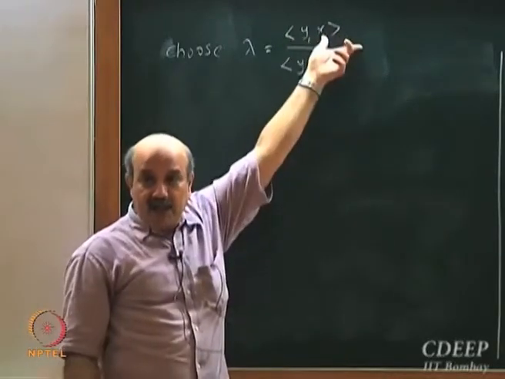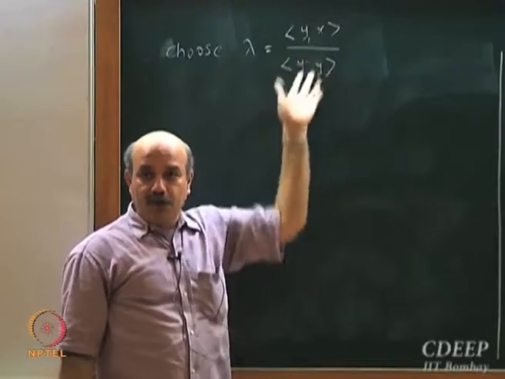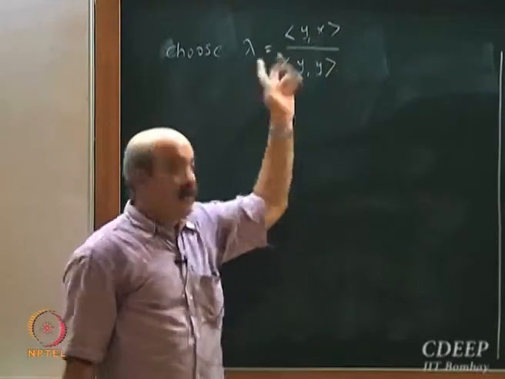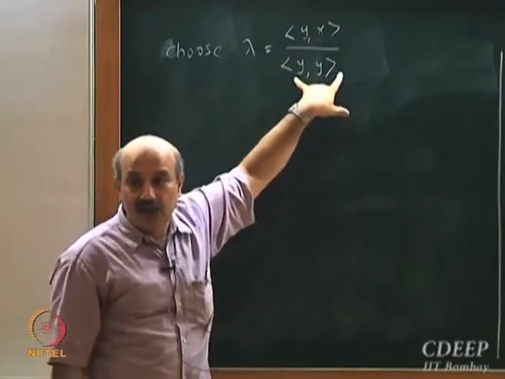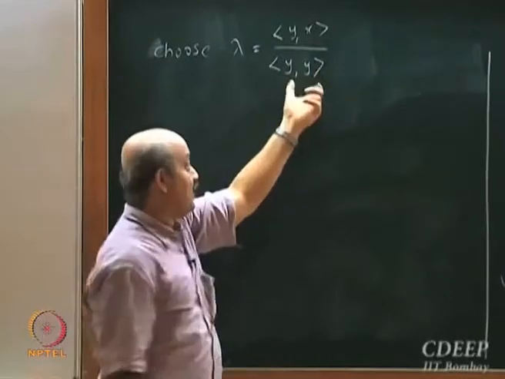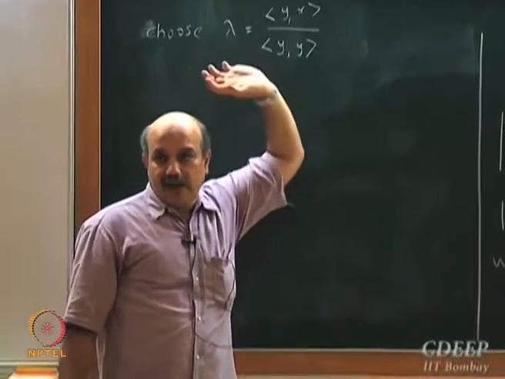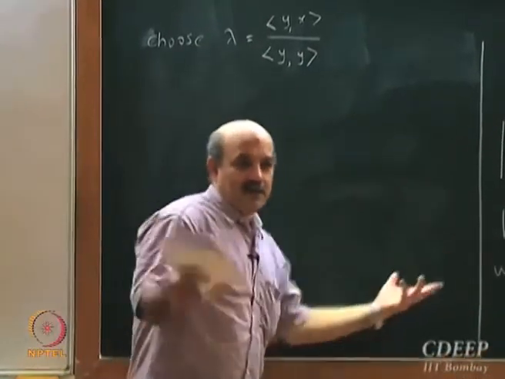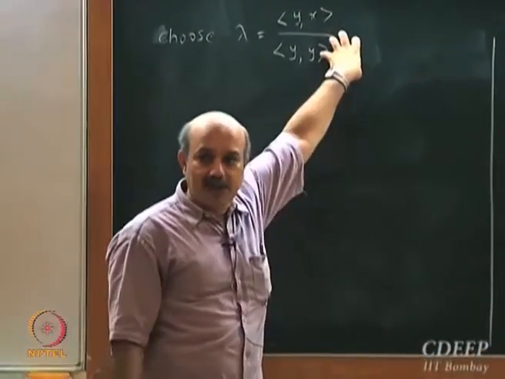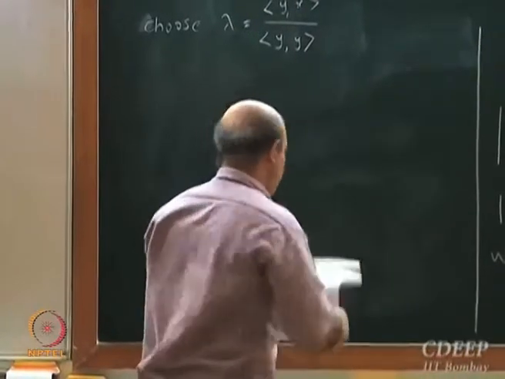Inner product is a scalar, ratio of two scalars. Okay, this is y is not 0, so y is not 0. So since y is not 0, this is a positive number. Okay, and this lambda is a valid lambda. So this should hold for this lambda also. Okay, for this particular lambda.